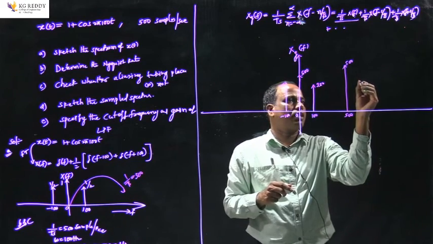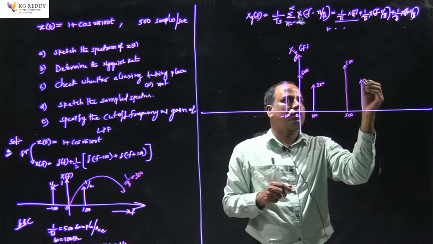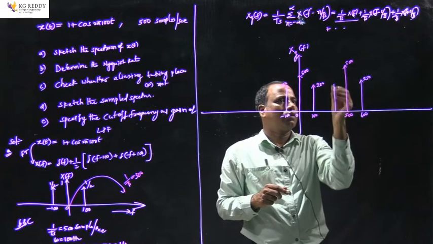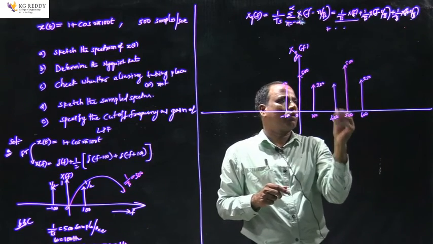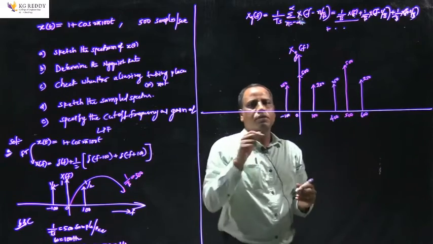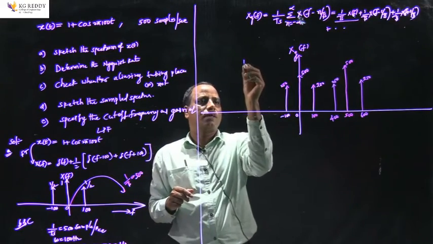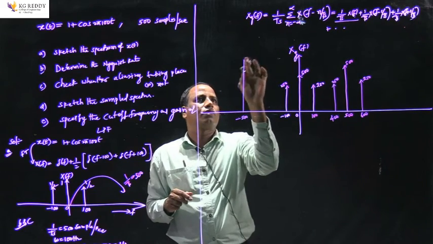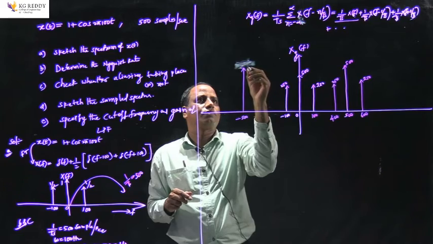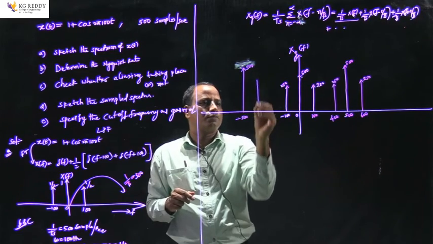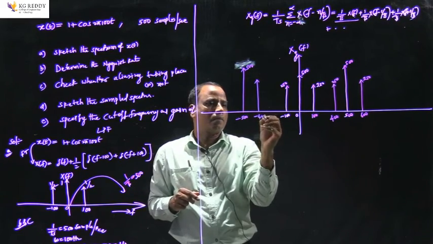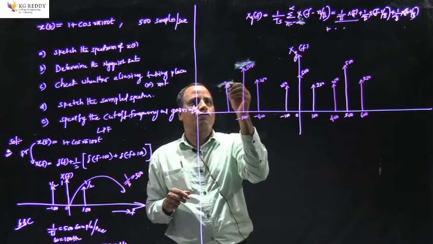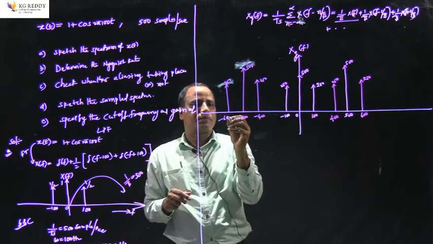So 500 plus 100 becomes 600 with 250, and 400 with 250. Similarly, the negative side also has the same analysis, at minus 500 with an amplitude of 500, at minus 400 with an amplitude of 250, and minus 600 with an amplitude of 250.